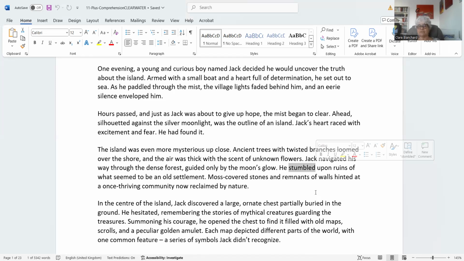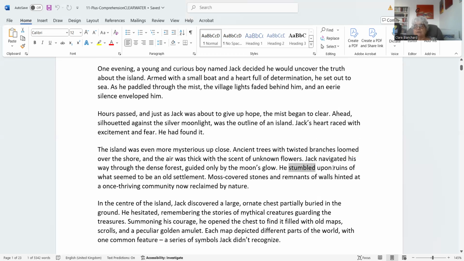I'm putting one foot in front of the other. It doesn't tell me anything about atmosphere or suspense or mystery. But stumbling definitely reinforces the idea that he can barely see what's happening and he's not in control of himself in this atmosphere and in this environment. So stumbling again reinforces the mystery and the suspense.